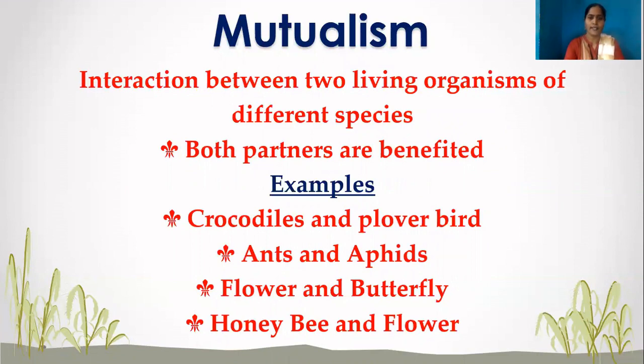Examples: crocodiles and flower birds, ant and aphid, flower and butterfly, honeybee and flower. The crocodile and flower bird have a very interesting mutual relationship. The crocodiles keep their mouths wide open and the small flower birds go into the mouth of the crocodile and eat the decaying, decomposed food materials that are left over.